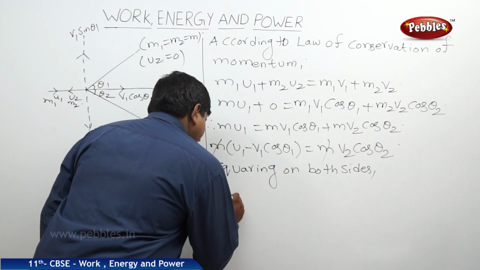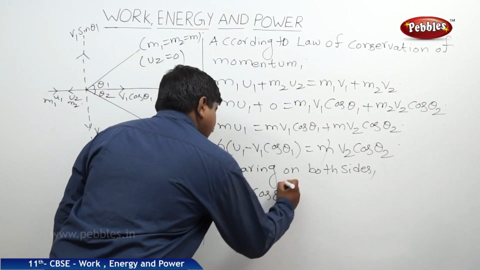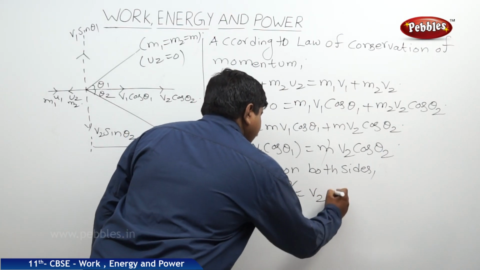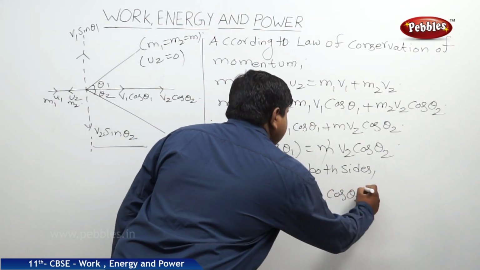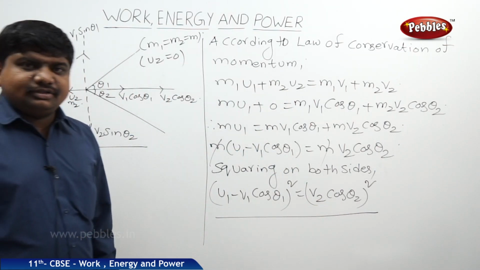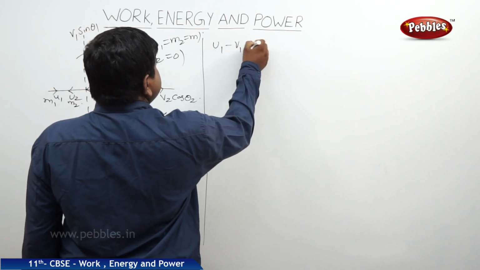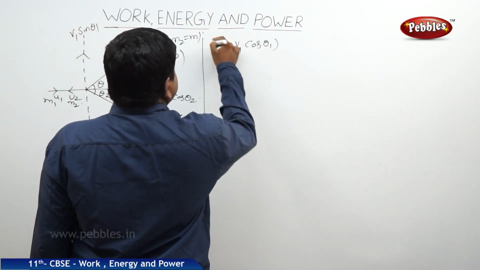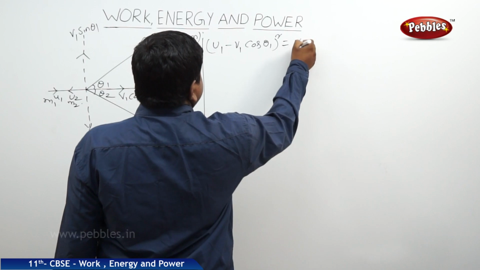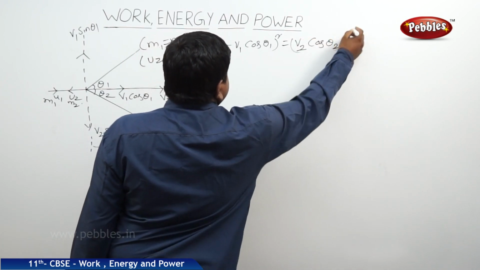So u1 minus v1 cos theta 1 whole square is equal to v2 cos theta 2 whole square.